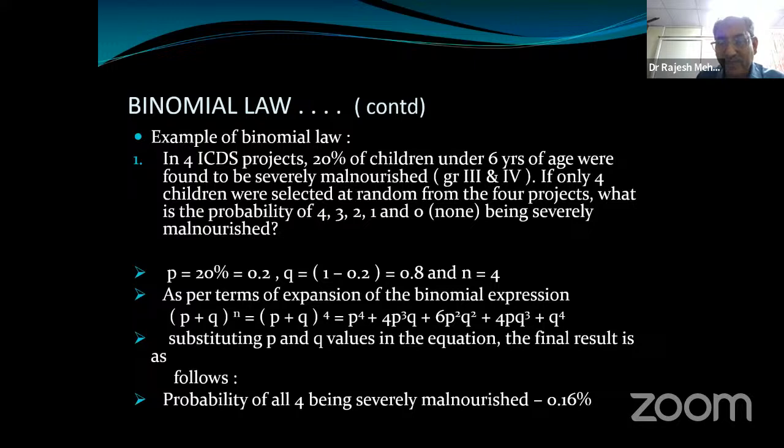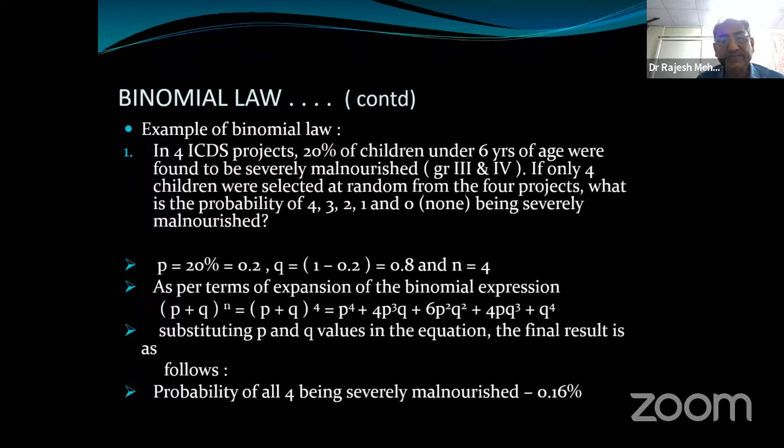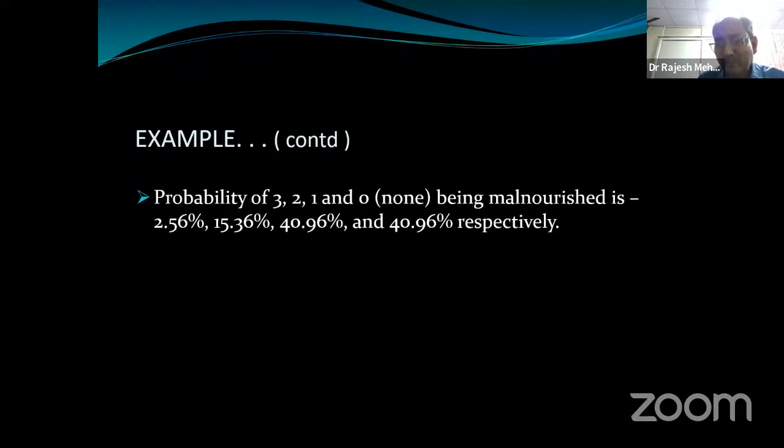Because here it is written that P4 means all four should be that, that means P1 and P2 and P3 and P4. So you multiply all these four, P into P into P into P. Then you will get this result. Similarly, if you solve the equation, you will get the rest of the probabilities also.